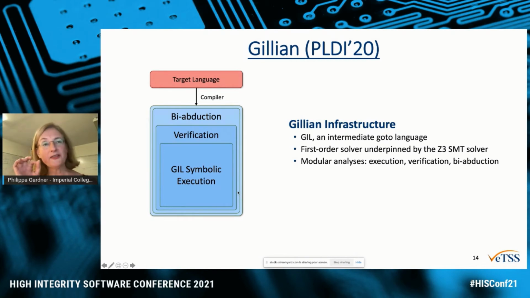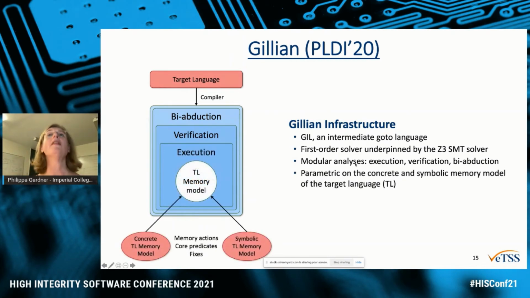Now, something that's very different from our competitors is, well, this modular analysis for a start, but also fundamentally the parametric nature of our work. So in particular, our idea is the compiler is not altering the memory model. So the memory model of the target language is the memory model going into our intermediate representation.